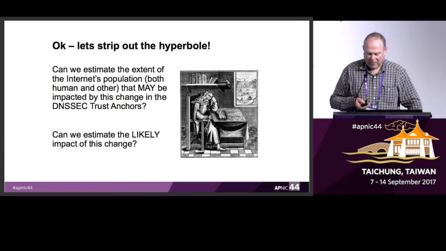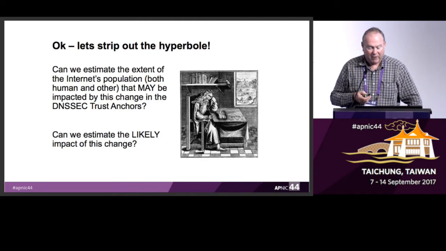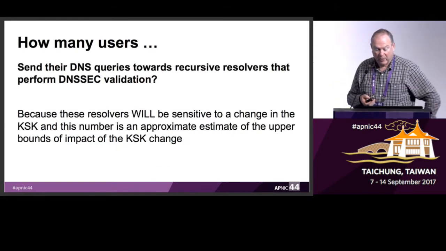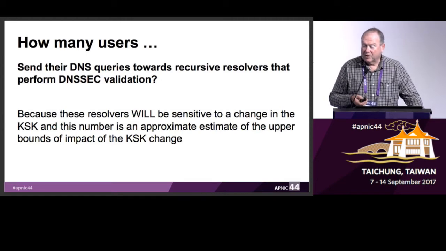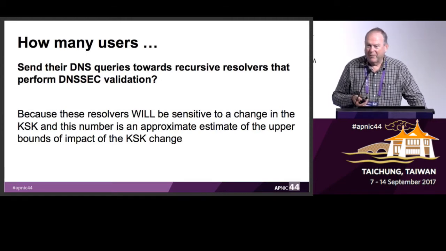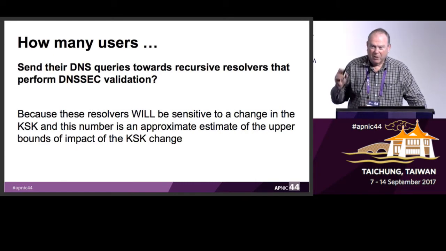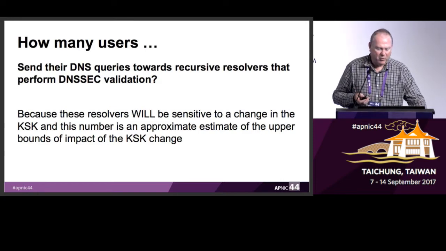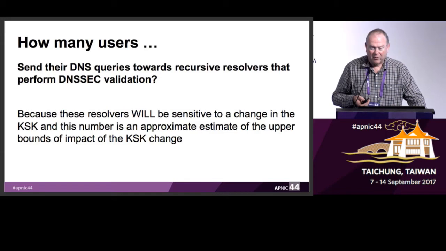What proportion of users might well be affected by this change as far as we can tell and measure? So the first question to scope this is to understand how many users on the internet, out of these billions of users, send their queries towards recursive resolvers that actually perform this validation. Because they're the people who might be sending their queries into something that won't answer if those resolvers don't track the key change. So that's the upper estimate.